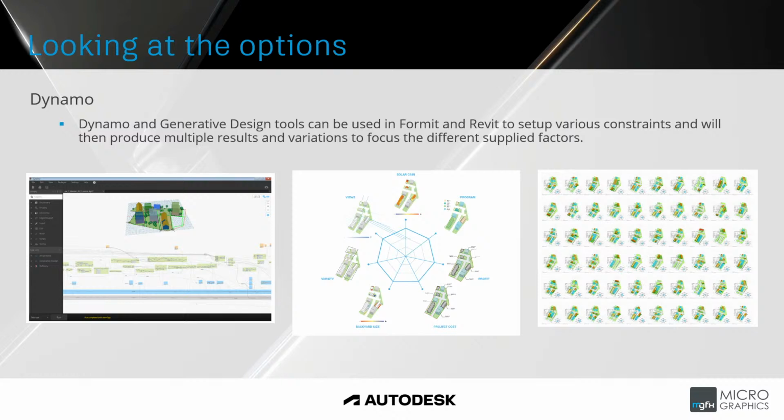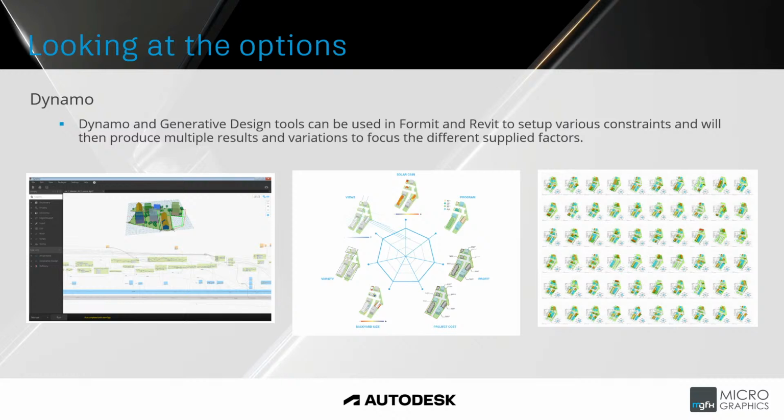And it clips onto either Formit or Revit, and you can use that to further develop these sort of factors and urban planning, and allow you to really get the full benefit of the site, profit, solar gain, or whatever views that you want to generate, or a combination thereof.